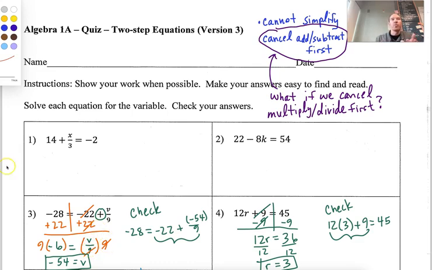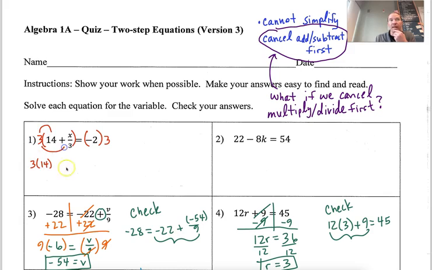But if you come back to number 1 and you say, well, hey, if I want to cancel that division first, okay, let's multiply by 3. But here's the trick. You have to multiply the entire side by 3, which means you have to distribute the 3. So when you have to do 3 times 14 and then 3 times x over 3.